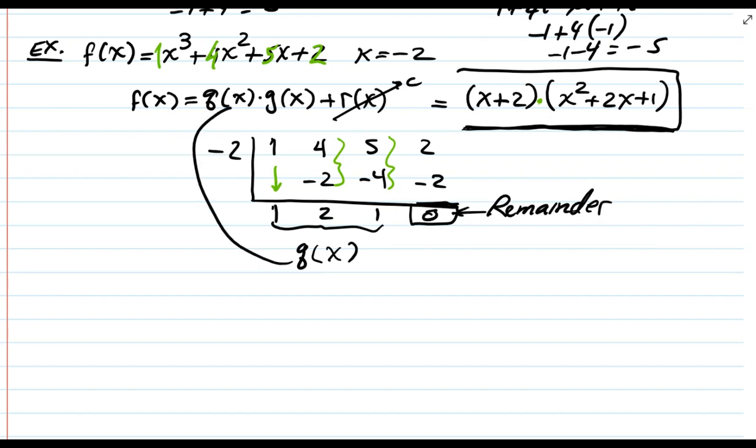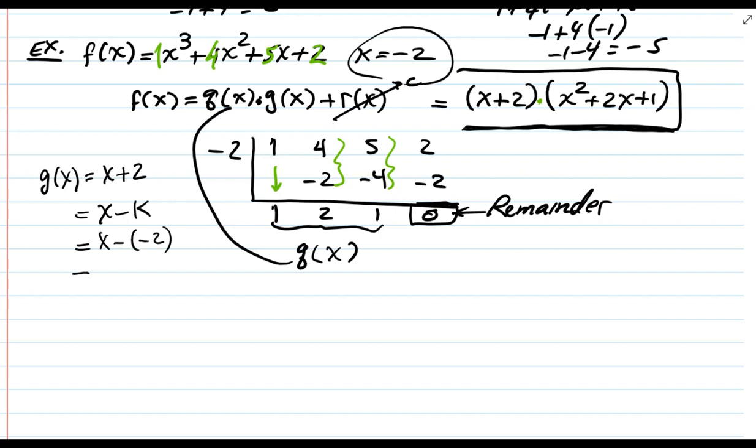All right, g of x here is just a function. g of x for this example is simply x plus 2. The form is x minus k, but k is -2, so x minus -2, and that's how you get x plus 2. All right, and there we have that one. Because the remainder is 0, I have this part going to 0.